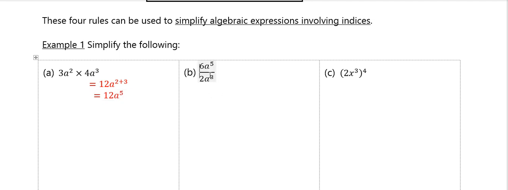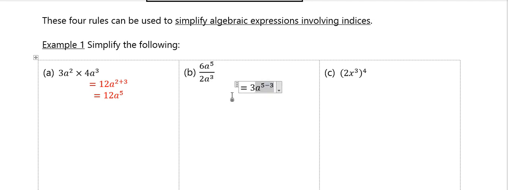Now, for the next part, b, 6a to the power 5 divided by 2a cubed. Like just now, you have to divide the numbers with the numbers and the variables with the variables. So 6 divided by 2 is 3. And then a to the power 5 divided by a to the power 3 is division of the same base, so you have to subtract the powers.